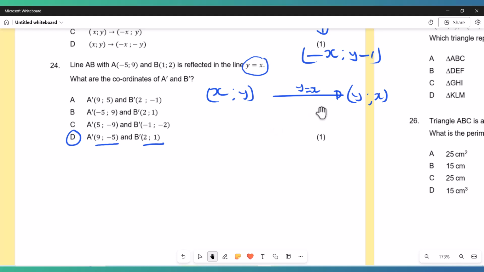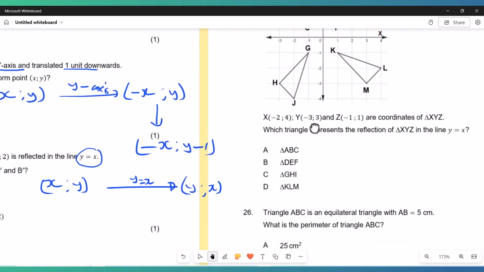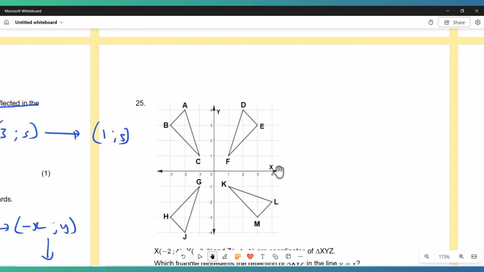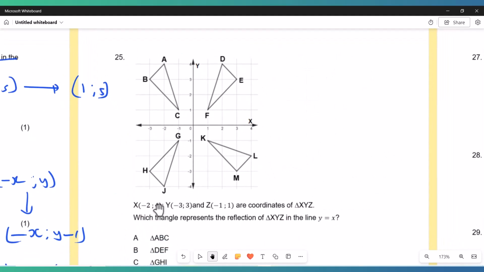That is 24. And then 25 here, they said that x minus 2 is to 4, y minus 3 is to 3, and z minus 1 is to 1 are coordinates of x, y, z. Which term represents the reflection of x, y, z in the line y equals to x? Now again, if I draw my line y equals to x like we said before, that's the line which is passing through the middle.